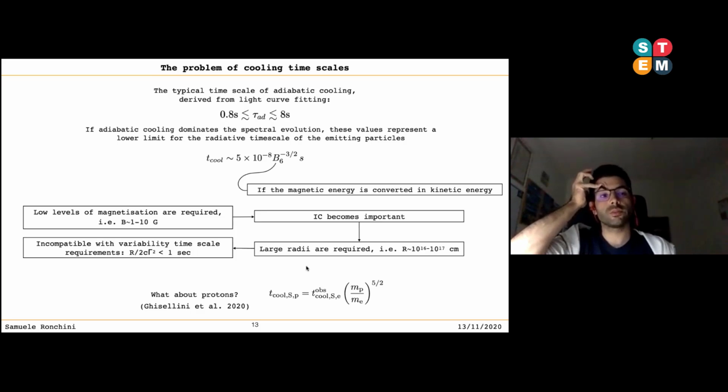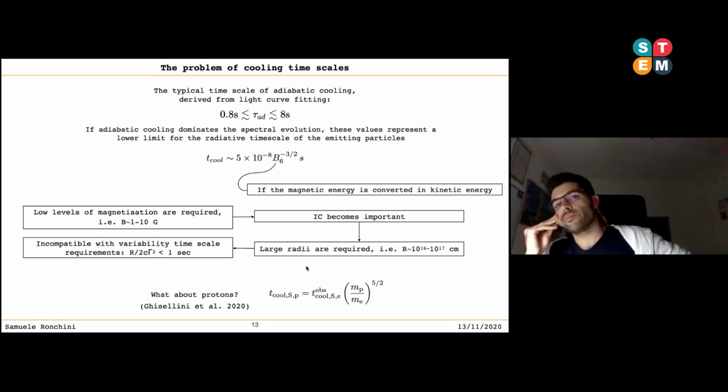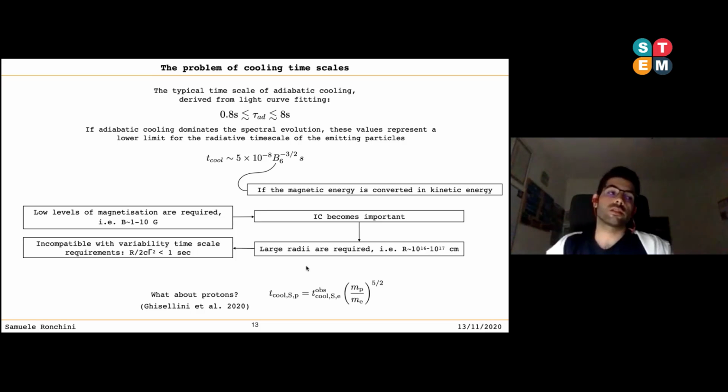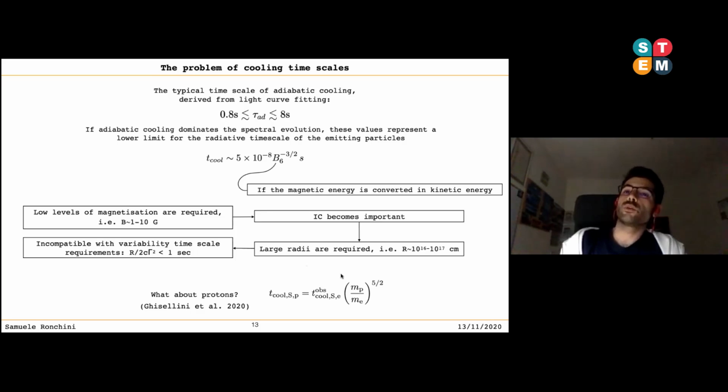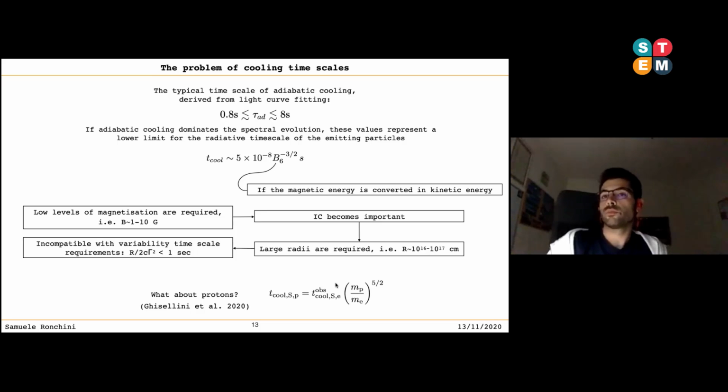So if we assume that the synchrotron emission, so the dissipation of energy of the jet, is not dominated by electrons but by protons, what is the advantage? The advantage is that the mass of protons is three orders of magnitude larger than the mass of electrons, and this gives a cooling timescale associated to synchrotron losses which is about 8 orders of magnitude larger than the cooling timescale for electrons.